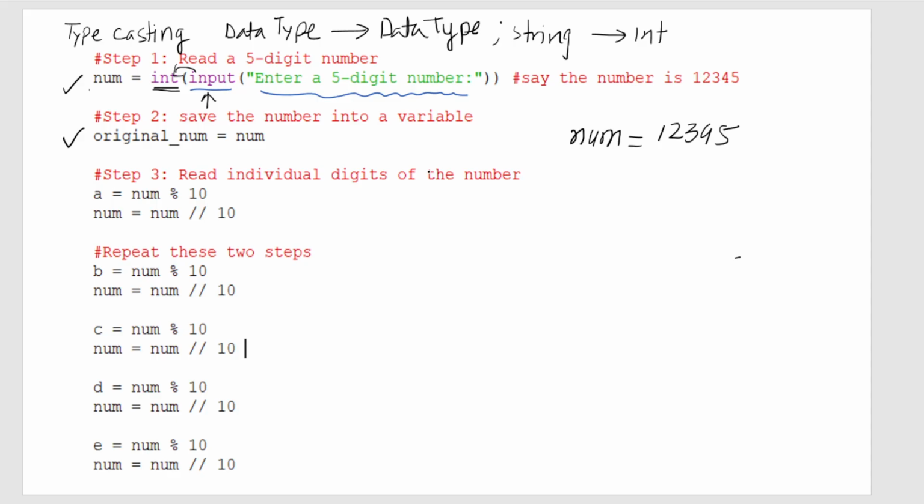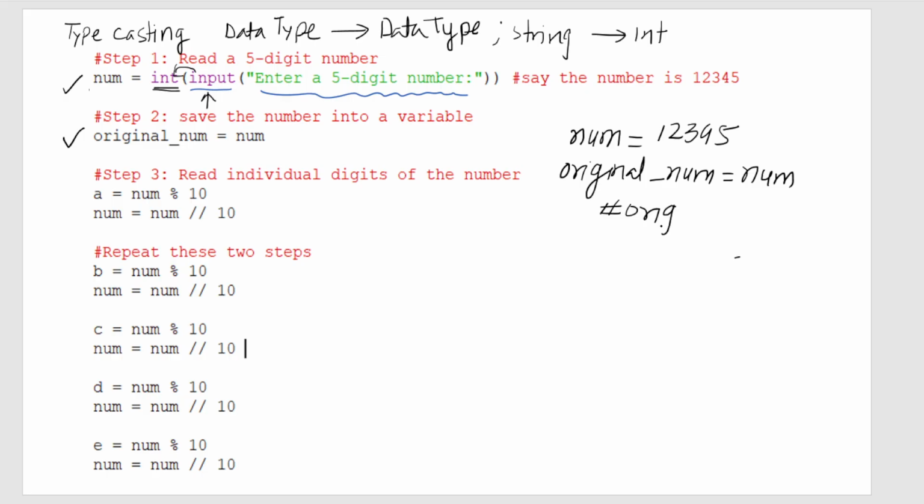The second step says save this number into a variable. So I am saving this number, that is 1 2 3 4 5, into a variable called original underscore num, which now has the value of num.